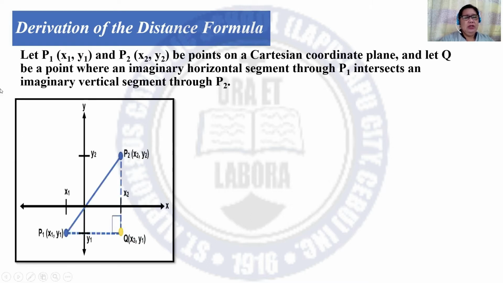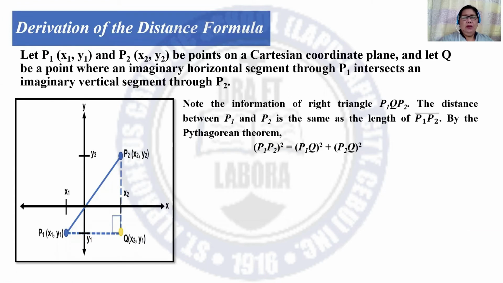So in this illustration, this point is P sub 1, this point is P sub 2, and you have point Q as the intersection when you draw a horizontal line from P sub 1 to Q and an imaginary vertical line from P sub 2 to Q. Note the formation of the right triangle P sub 1, Q, P sub 2.